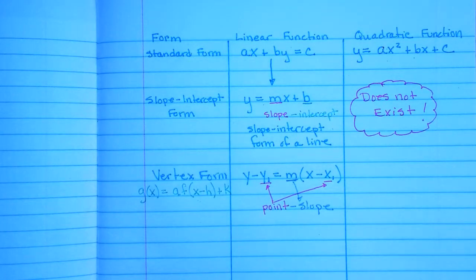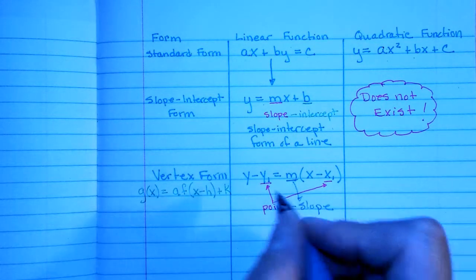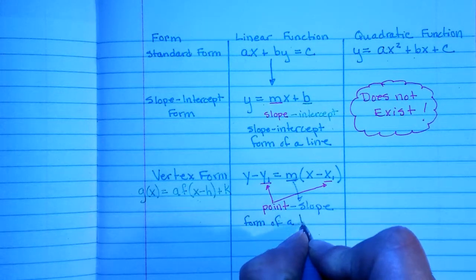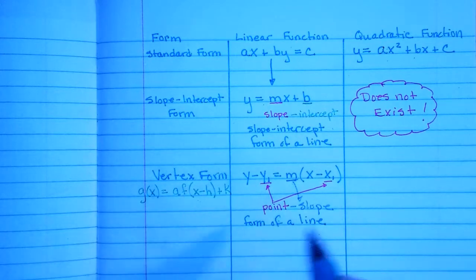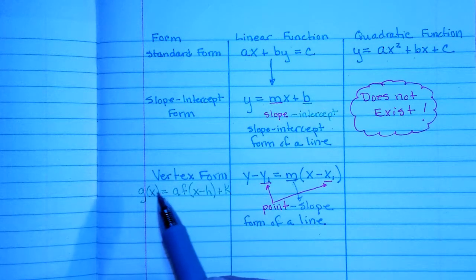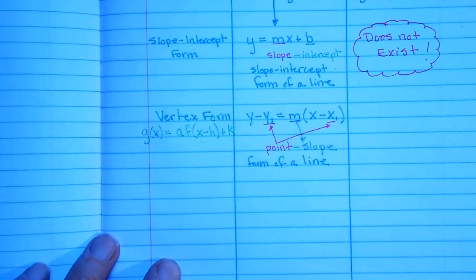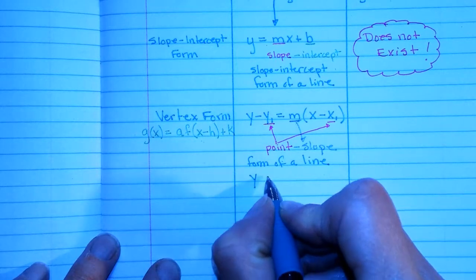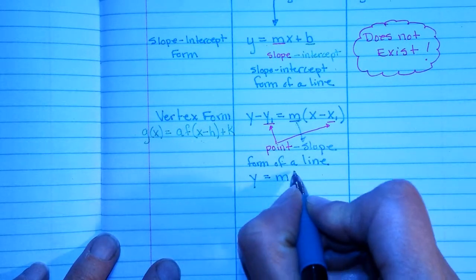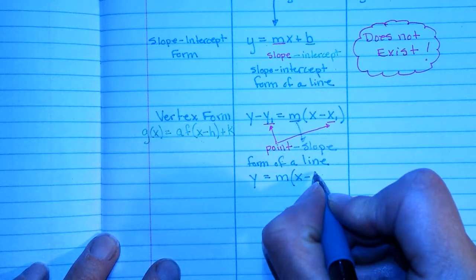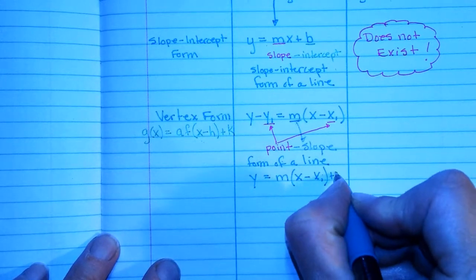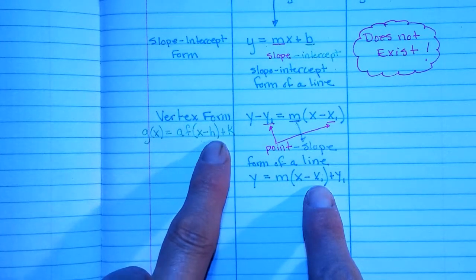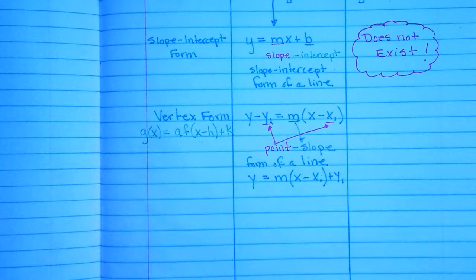So this particular form is point slope form of a line. If I were going to rewrite that to be in the same format as vertex form, I would simply add y1 to both sides of my equal sign, and I would get y is equal to m times the quantity x minus x1 plus y1. So you can see these are kind of similar where x1 is my h and y1 is my k.